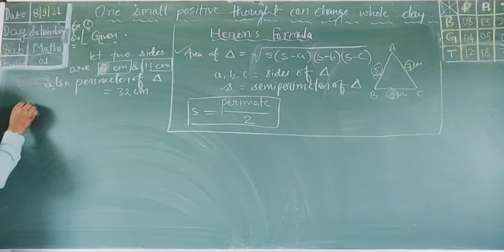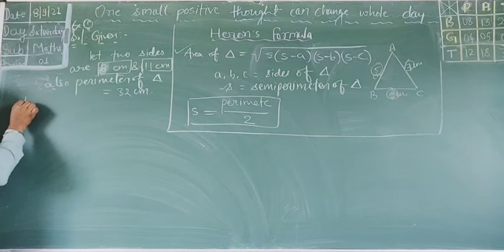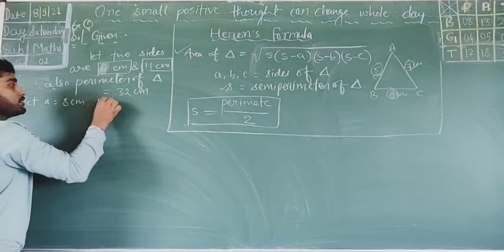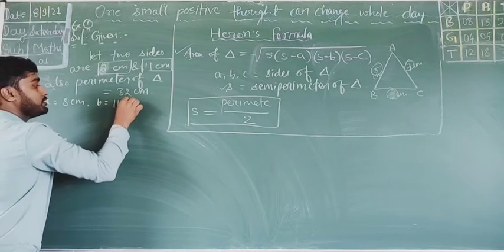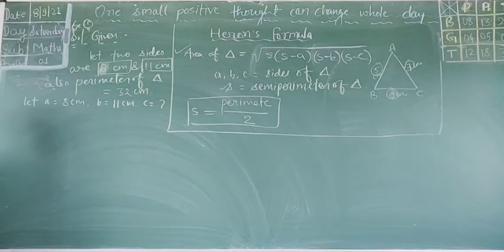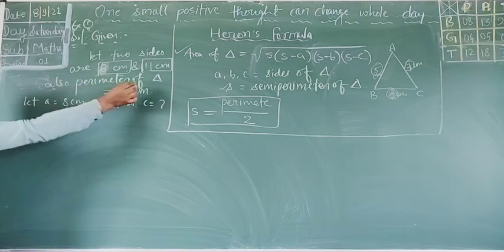So let A equal 8 centimeter, B equal 11 centimeter and C equal to, we don't have any value of C. So what is given in the second part? The perimeter of the triangle.